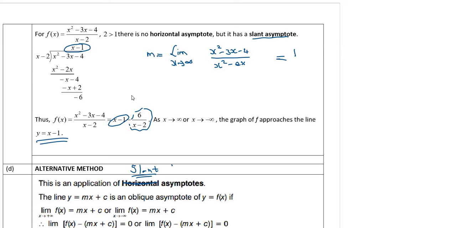Alright, so now we want to find the c. Here m is 1, so mx is 1x, and minus 1 is the c here. So the c we find by doing the limit where x approaches infinity of f minus mx, with the whole of f, and we can add fractions.